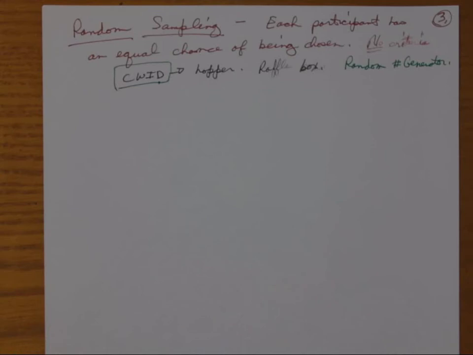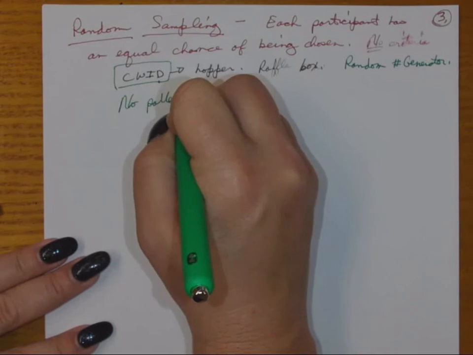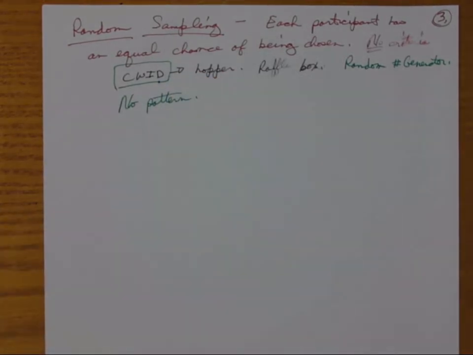There's no pattern. Okay, very, very random. No identifiers. Everyone has the same probability of being pulled. So that is a very common way of doing it.